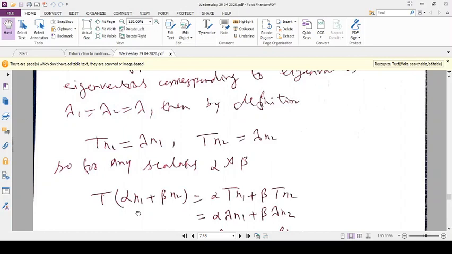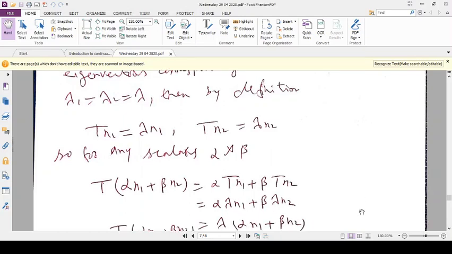Now what we have to check is whether this is an eigenvector or not. We can write, with the help of linearity of tensor T, alpha times Tn1 plus beta times Tn2, where Tn1 is lambda n1 and Tn2 is lambda n2.